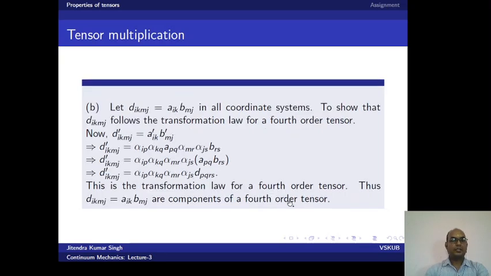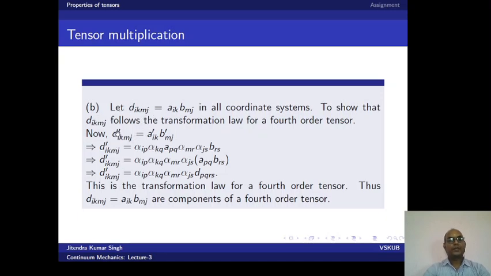In a similar way, we shall prove that Aik Bmj are components of a fourth order tensor. So I am assuming that Dikmj is equal to Aik Bmj in all coordinate systems. I have to prove that this Dikmj are the components of a fourth order tensor, meaning it will follow the transformation law for a fourth order tensor.